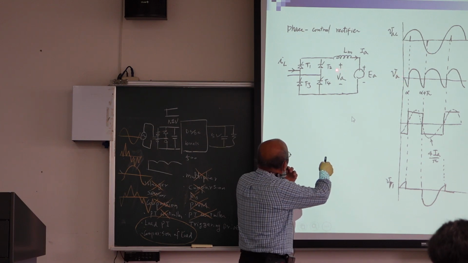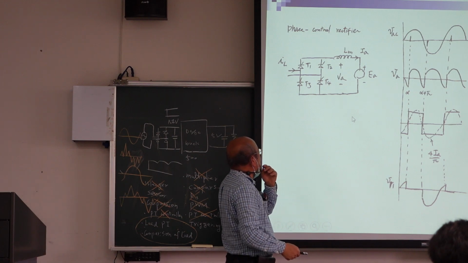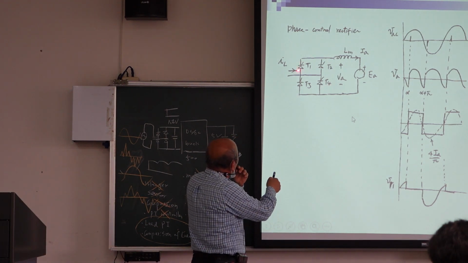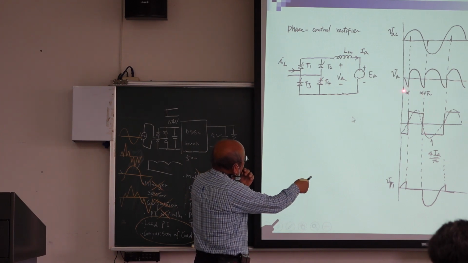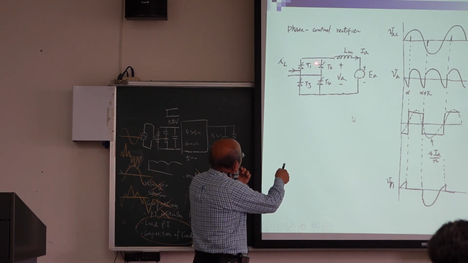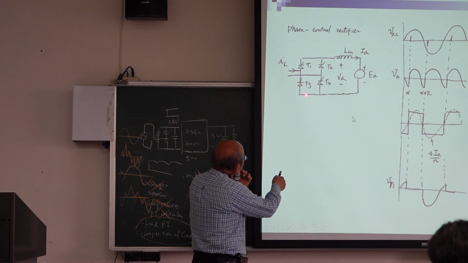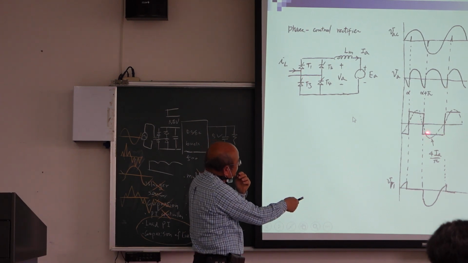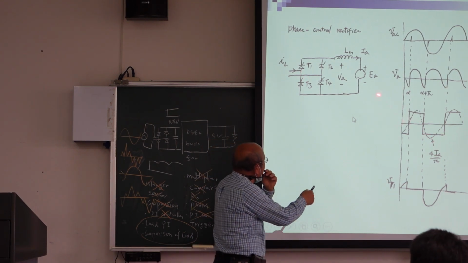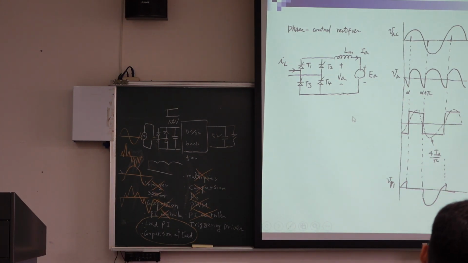Then we can get the output voltage like this. If T1 and T4, then we have current go this way, positive. If T2 and T3, we have current go this way, then the current becomes negative, right? So you can see the input voltage and the input current.